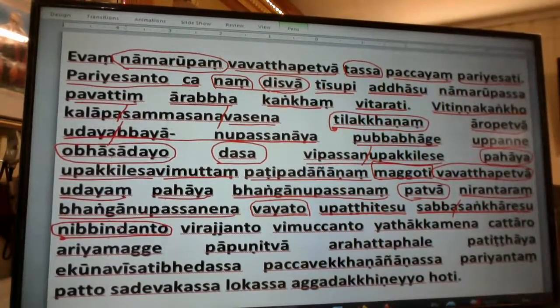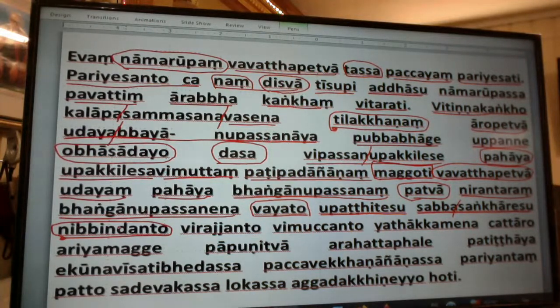Like if you eat the same food every day, you don't want to see that kind of food anymore. Like this, the nāmarūpa disappear all the time, so you become very disappointed in the nāmarūpa.